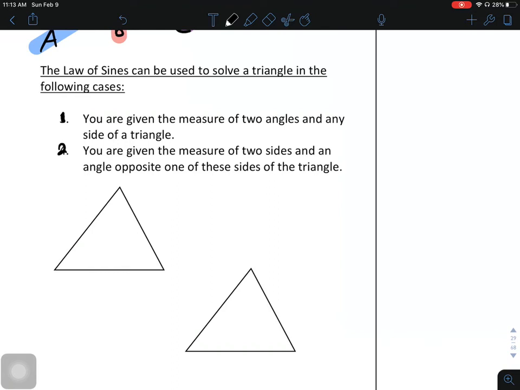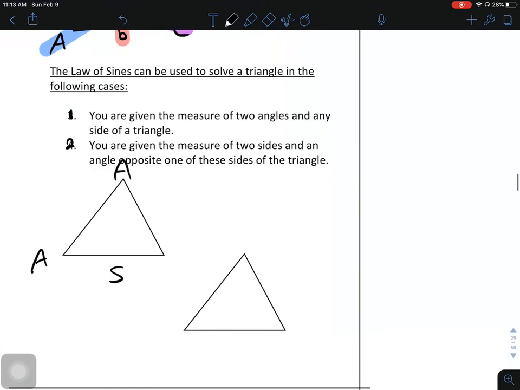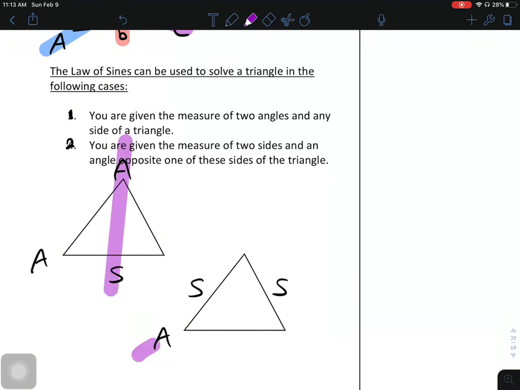So the first scenario, two angles and any side. Keep in mind, if you know two angles, you can figure out the third. Other scenario, you're given two sides and an angle opposite one of those sides. In either case, you can use the law of sines if you know an angle and the side opposite that angle.